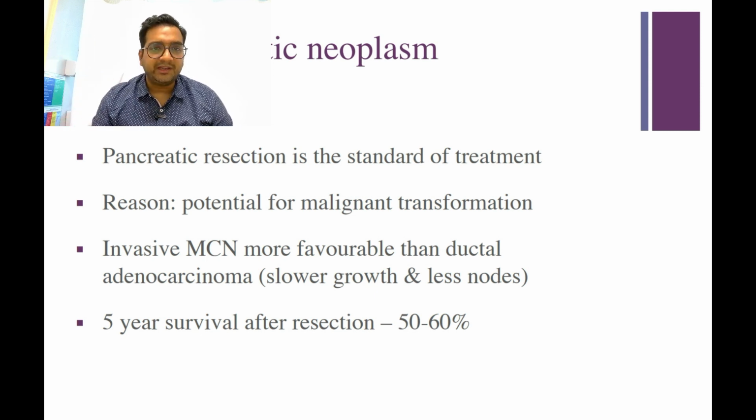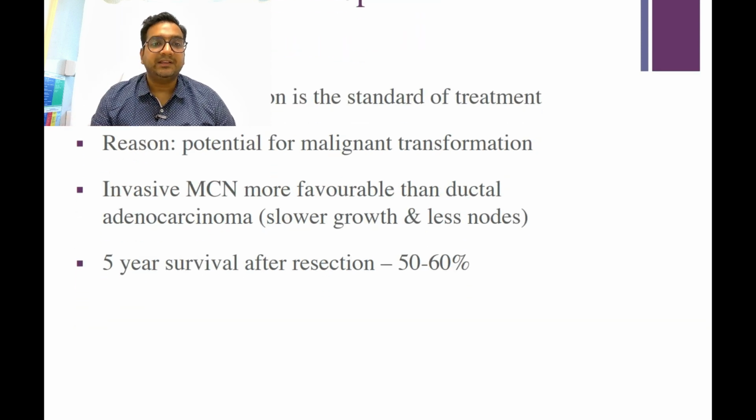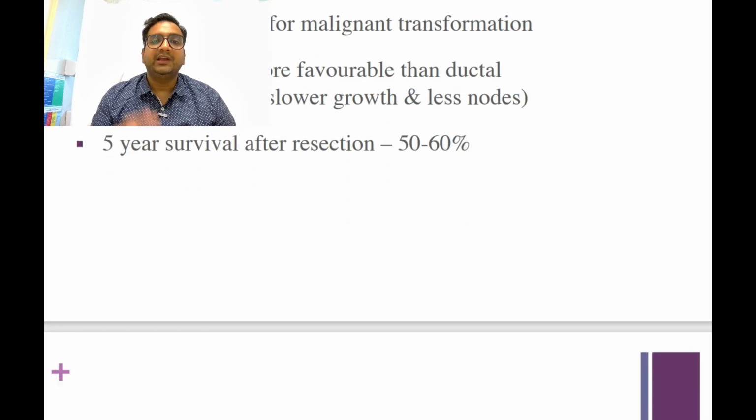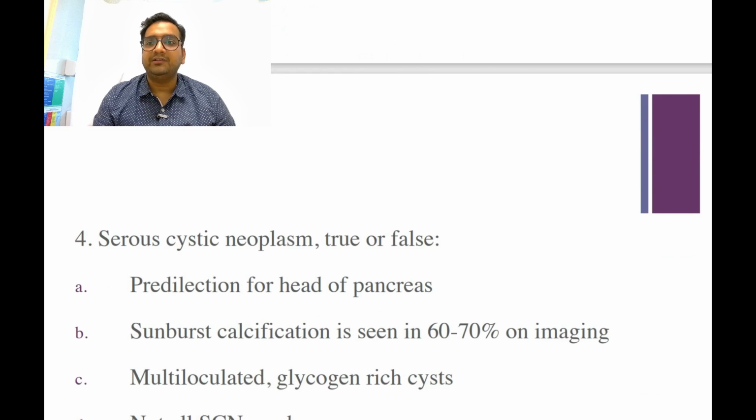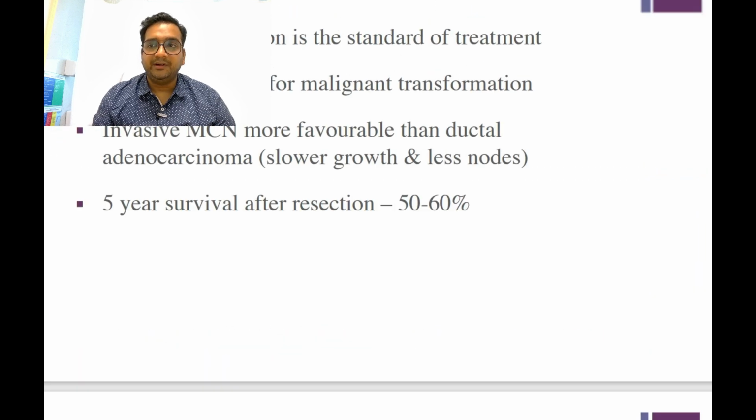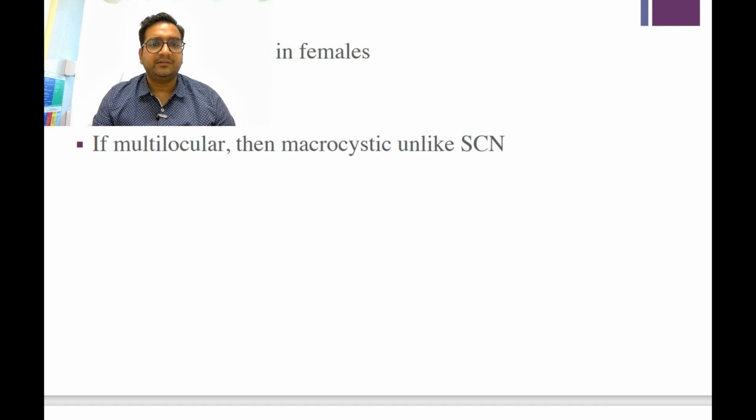But compared to pancreatic ductal adenocarcinoma, the survival is better: the 5-year survival is 50 to 60% in invasive mucinous cystic neoplasms, because of slow growth and less lymph nodal involvement. In ductal adenocarcinomas, the 5-year survival is very poor, generally up to 10%.